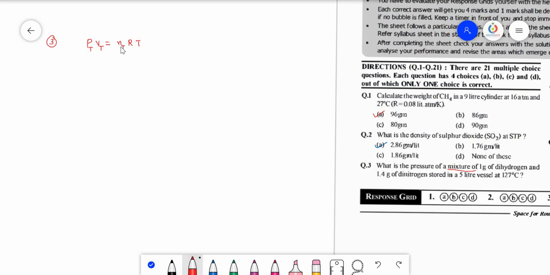So we need to calculate the pressure, and before that let us try to put the number of moles of the given gases. So I'll write it down as it is for one step. Total pressure into total volume equals number of moles, meaning the sum of the number of moles of both of these gases. Here hydrogen and nitrogen are there. So number of moles formula is weight by molecular weight.